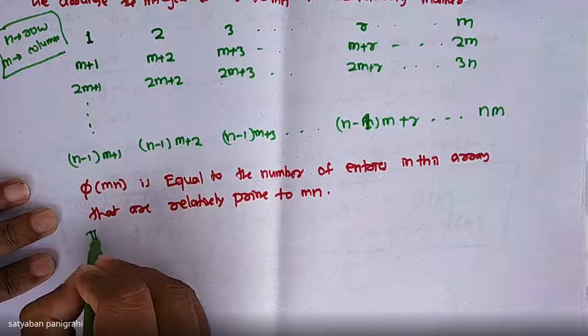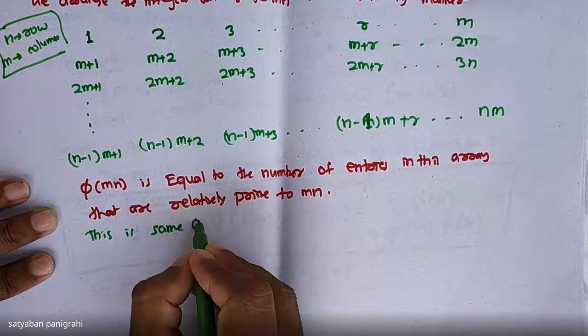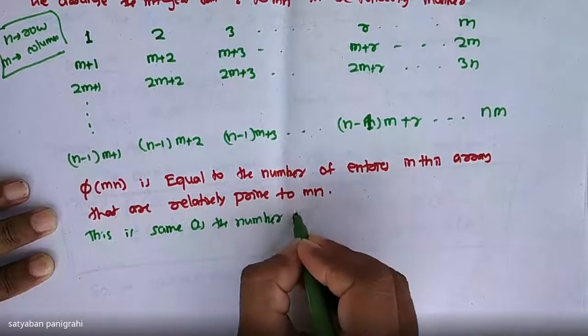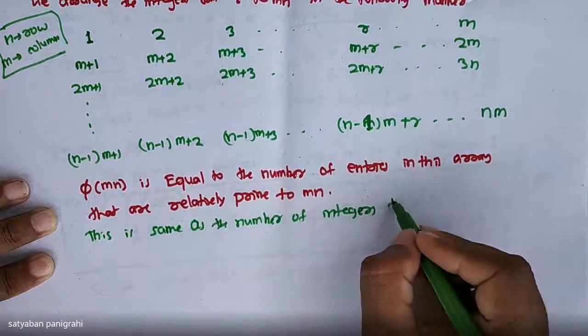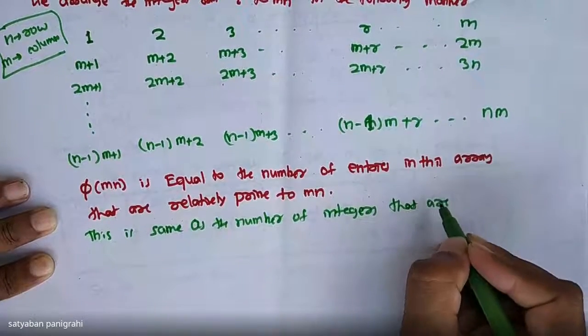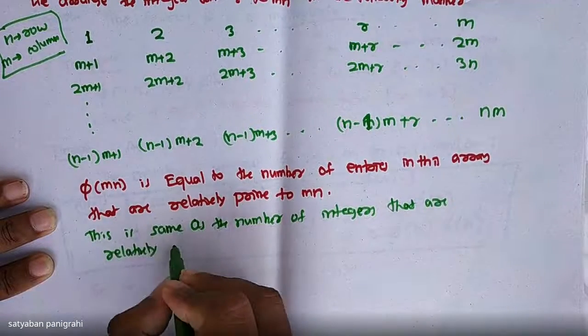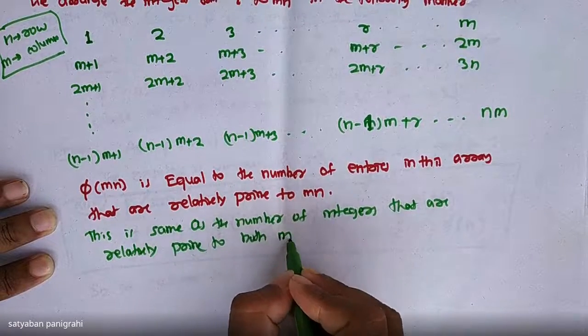This is same as the number of integers that are relatively prime to both m and n.